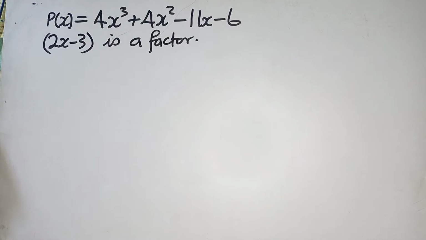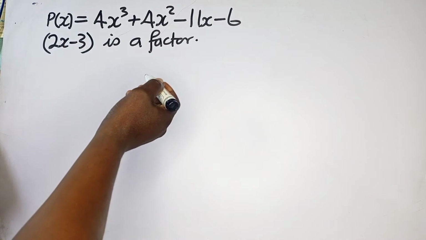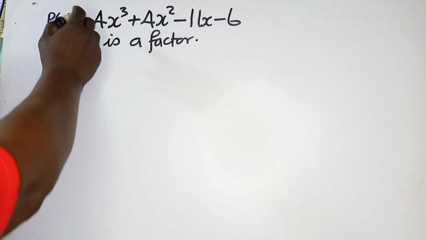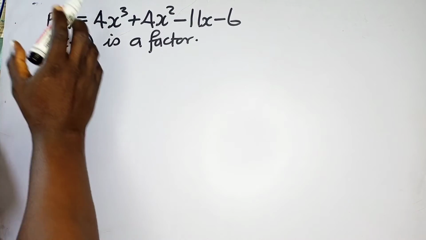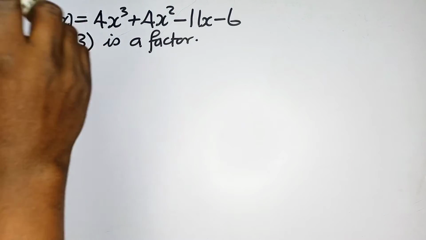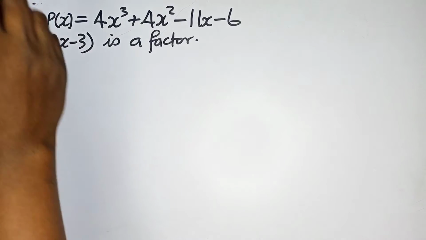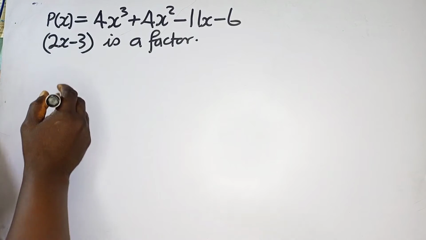If 2x minus 3 is a factor of P of x, it therefore means that when this polynomial P of x is divided by 2x minus 3, the remainder will be 0. So let's carry out that Euclidean division and see.